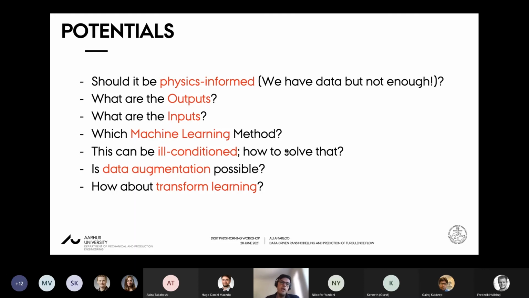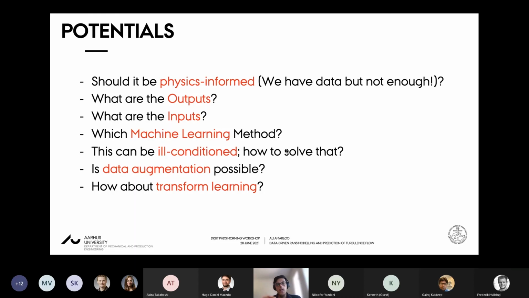And that can show itself in the outputs or inputs of the machine. How are we going to define that, or what is the input, what is going to be more efficient to tell the computer to learn based on that? And we have different types of machine learning methods that we can try. We can go deeper, and we can go more complex.